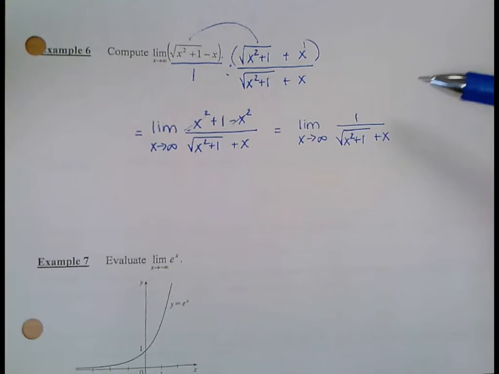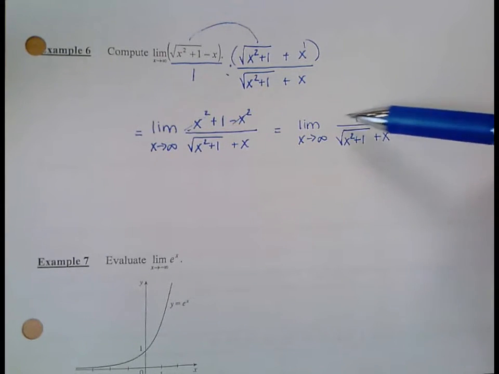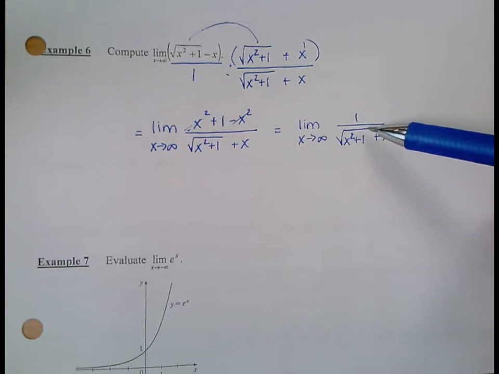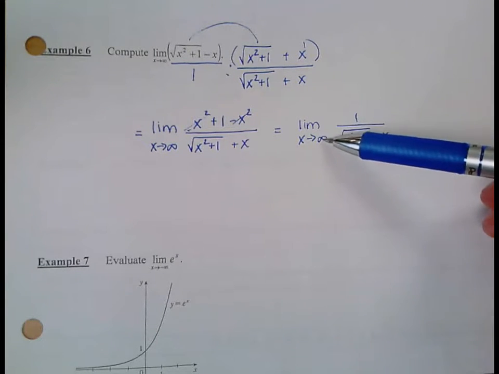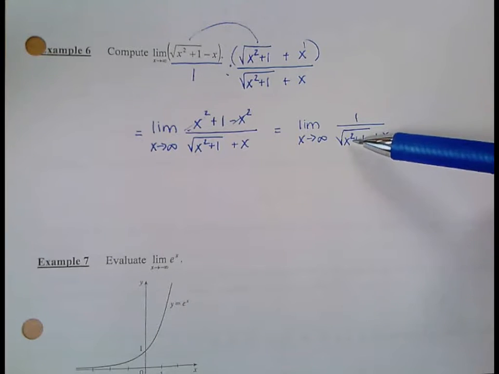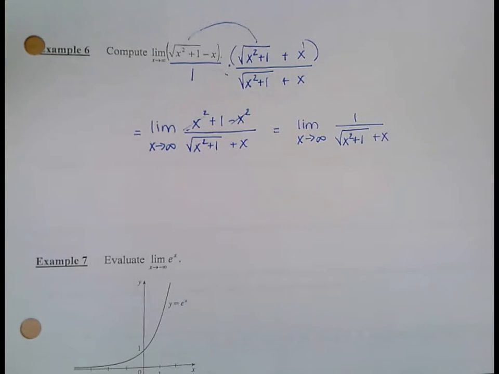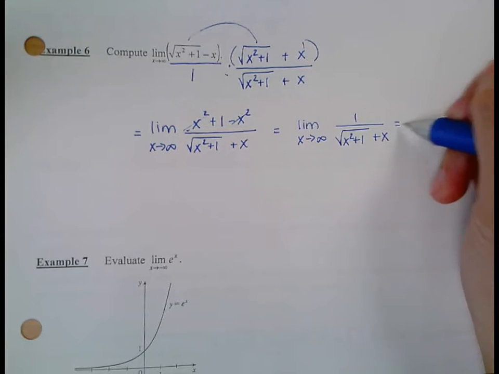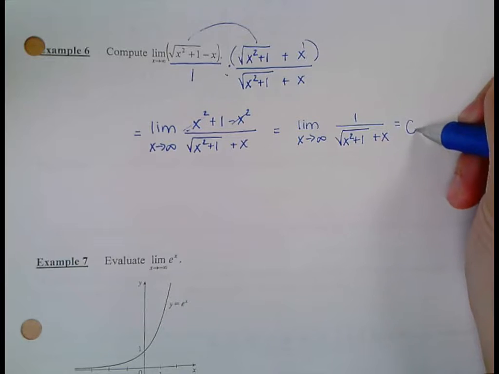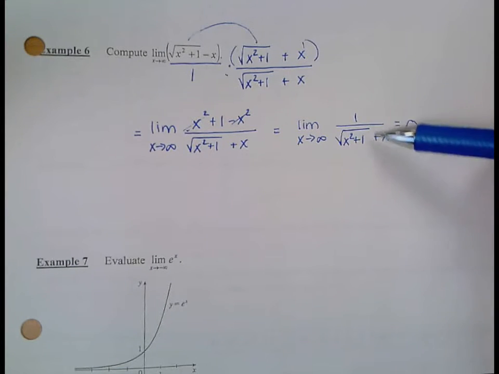So, yeah, my top is approaching 1. That's all I have on the top. If I were to substitute in a very large number, I have that very large number squared plus 1 square root plus the large number. This is going to be huge. So it'll approach 0, because I'm going to have 1 over something very, very large. And 1 over something very, very large is going to approach 0.